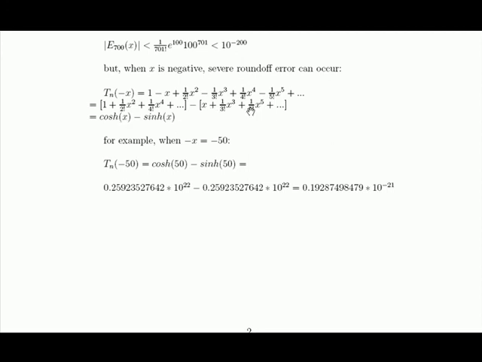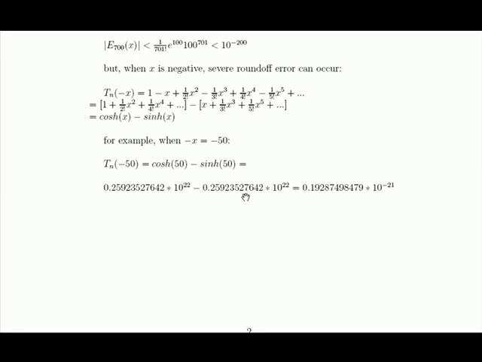So for example, when we try to calculate T sub n of minus 50, the even terms essentially add up to hyperbolic cosine of 50, which is on the order of 10 to the 22nd power. The odd terms add up to hyperbolic sine of 50, which is also on the order of 10 to the 22nd power, and in fact they're almost exactly equal.